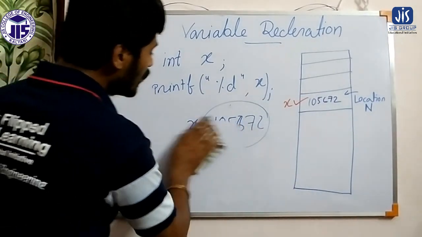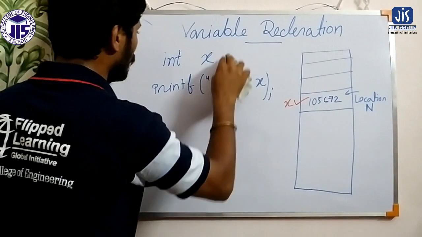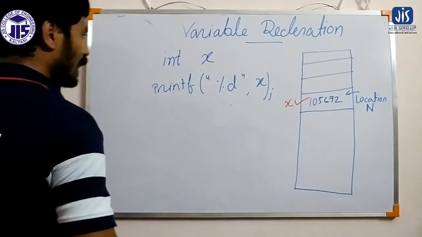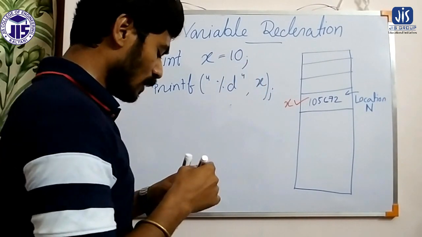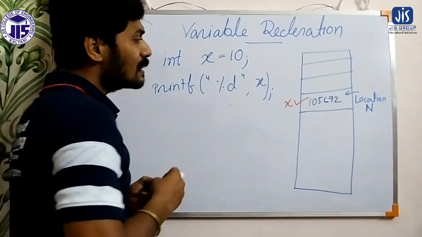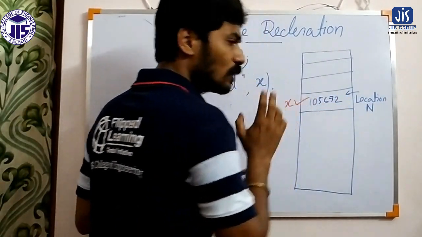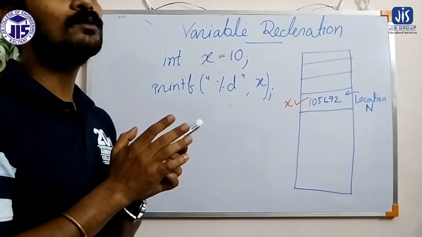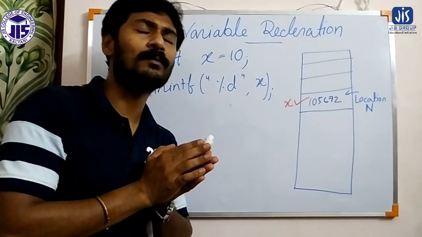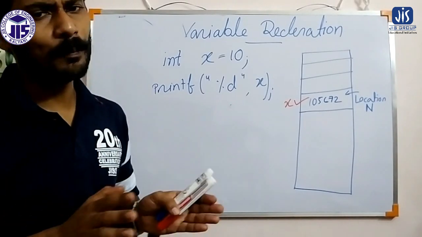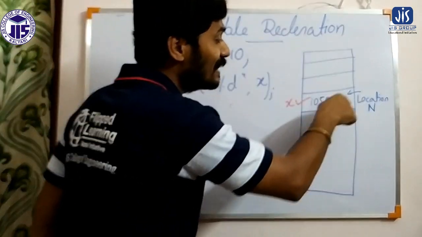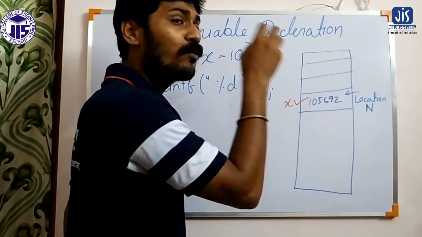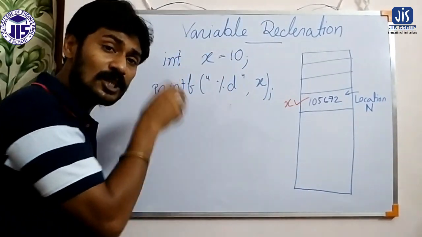Now if I assign a value to the variable, if I write integer x equals 10, what will happen? This is the location which we have allocated for the x variable. So whatever update we do on the x variable, if we perform an increment operation or whatever operation on x, it will always be reflected in this location, because this location is fixed for the variable x in this program.